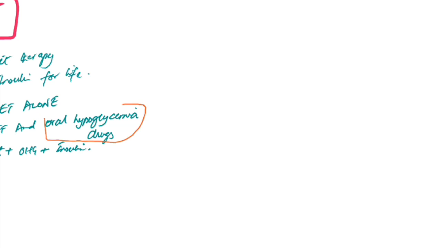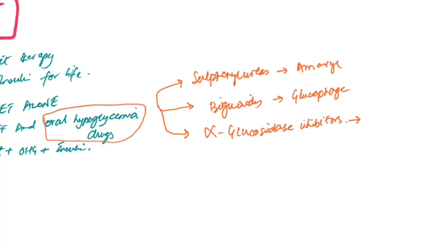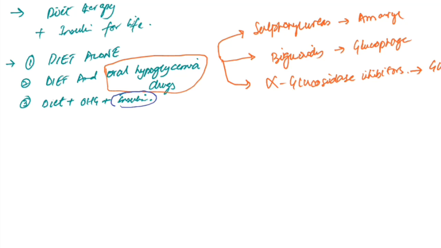The oral hypoglycemic drugs come in three classes. The first is sulfonylurea, which comes with a brand name of Amaryl. Then come biguanides, which is known as Glucophage, and then alpha glucosidase inhibitors, which is also known by its trade name Glucobay. Insulin is used in type 1 patients as well as type 2 patients who fail to respond to diet therapy and oral hypoglycemic drugs.